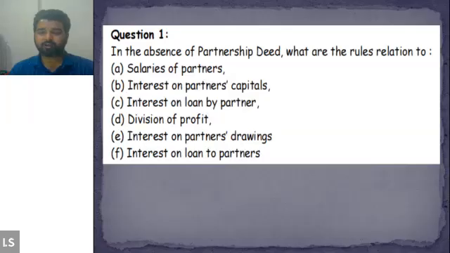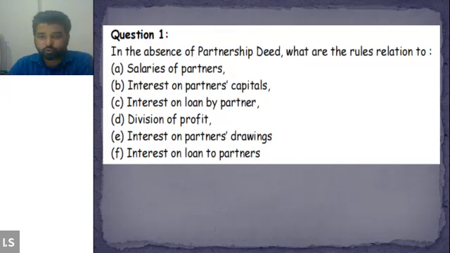If there is a partnership deed with any terms and conditions regarding the payment of interest on loan, then interest will be paid according to the terms agreed in the partnership deed.